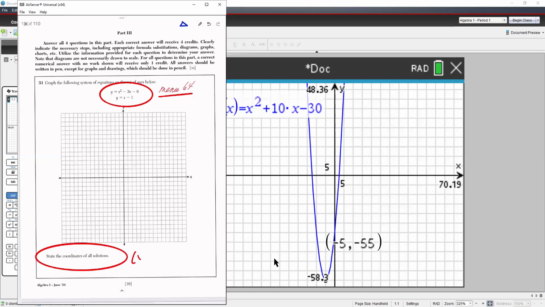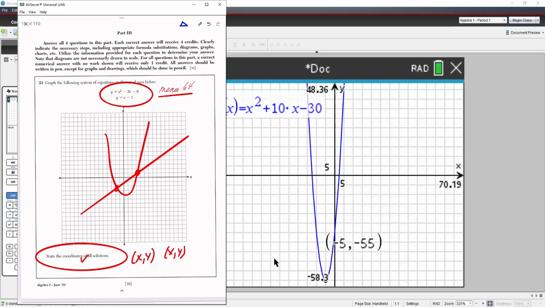They want the x and the y, and there's probably 2 intersections, so that's all they want. Now, I'm not going to go through and actually do this. I can tell you it's going to look something like this and something like this, all right? So you're going to be looking for this point and that point, and you need the x and y coordinates. That's what they want you to do.